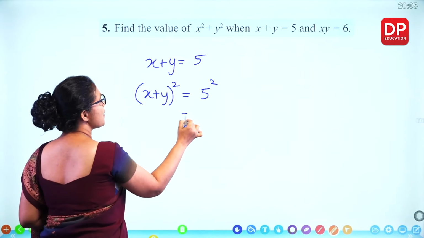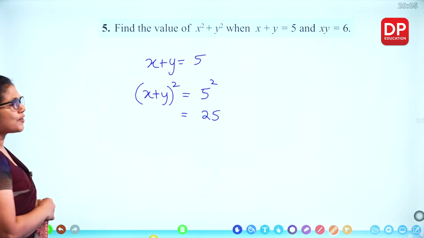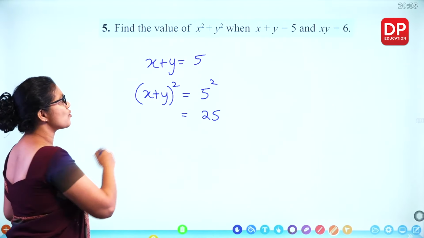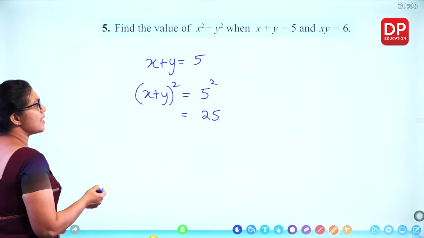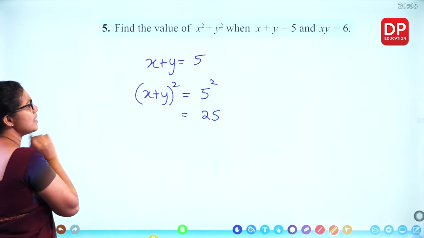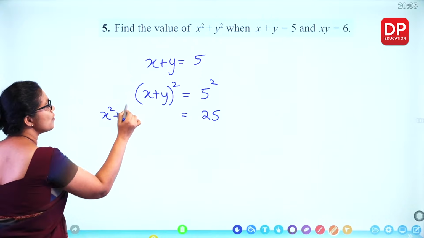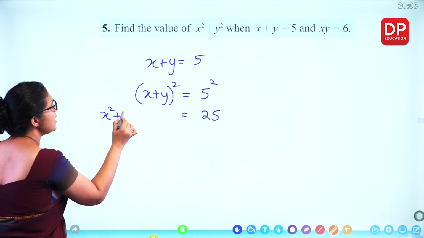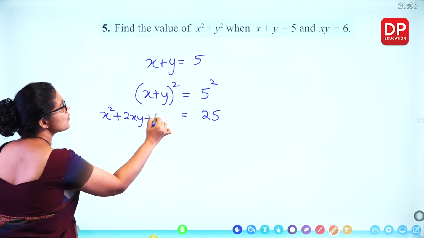When you square both sides, what happens? You get this expression and 5 squared is 25. Now what we can do, we know this is a square term. Straight away you can write down the expression. Expand and write down the expression. So what's the expansion? X squared, double of these two numbers multiplied, so 2 times xy, and then y squared.